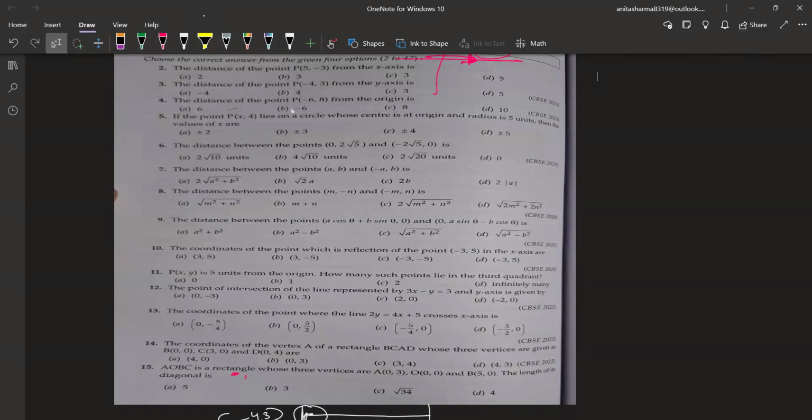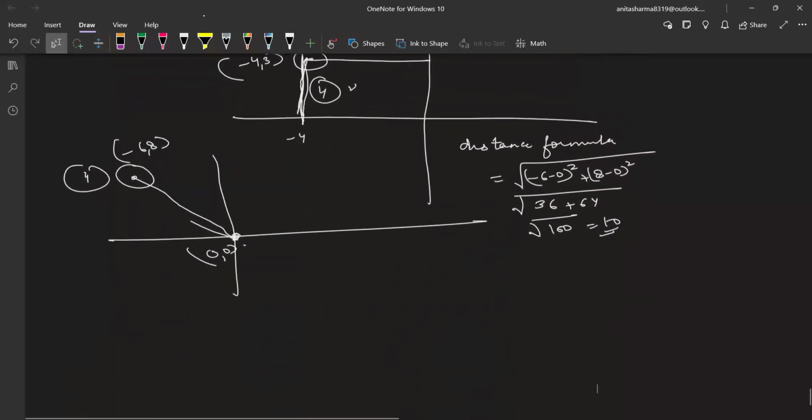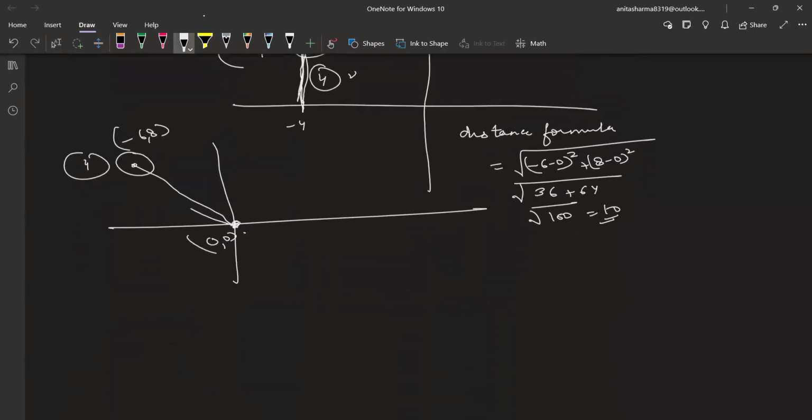Okay, let's check now. This is a circle, children. Radius is 5 and center is at origin, right, beta?